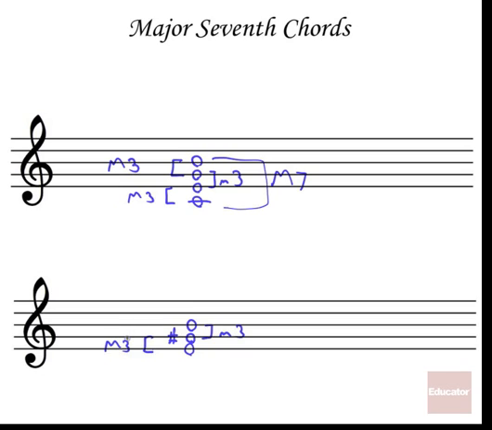You can either do that by counting the half steps on the piano keyboard, or hearing it, listening to it for the sound. And now we need a major 3rd above the B. So of course it's going to be some kind of D, and if we count half steps or think about being in E major, in which case this would be a 1-7, then we know that that D has to be a D sharp. So here's a major 7th chord on E.